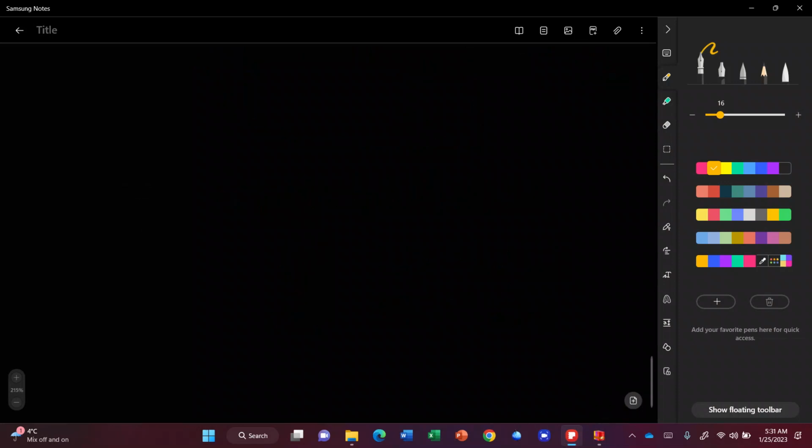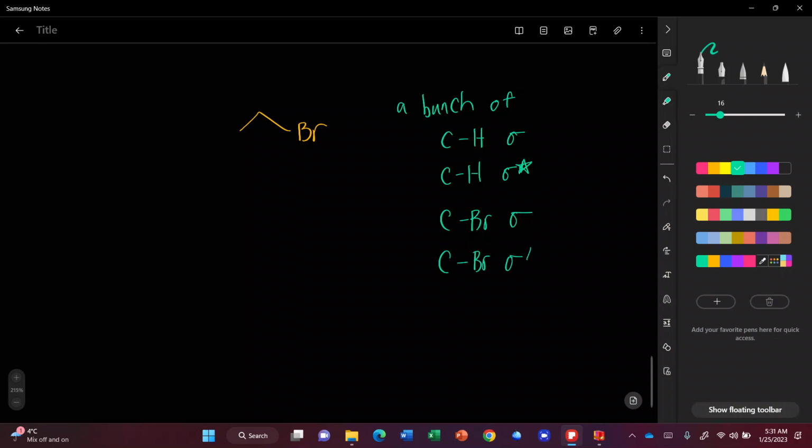So another example, if I have my molecule of ethyl bromide, we have a bunch of molecular orbitals here. We have a bunch of carbon-hydrogen sigma orbitals, we have a bunch of carbon-hydrogen sigma star orbitals, and then we have one carbon-bromine sigma orbital, and one carbon-bromine sigma star orbital.